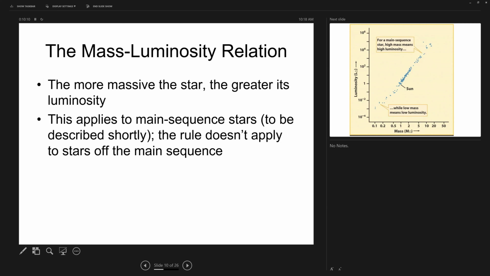It doesn't apply to stars that are off the main sequence. It turns out the main sequence stars account for 90% of the stars that we see in the night sky. And the reason for that is that the main sequence lifetime of a star happens to be 90% of its total lifetime. So they spend 90% of their lives on the main sequence.